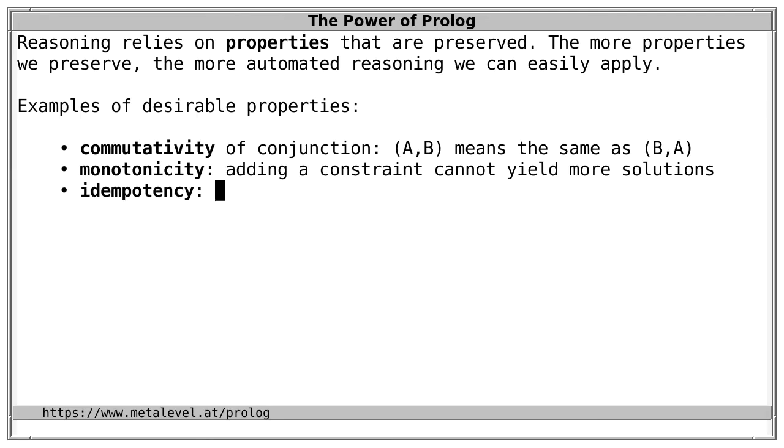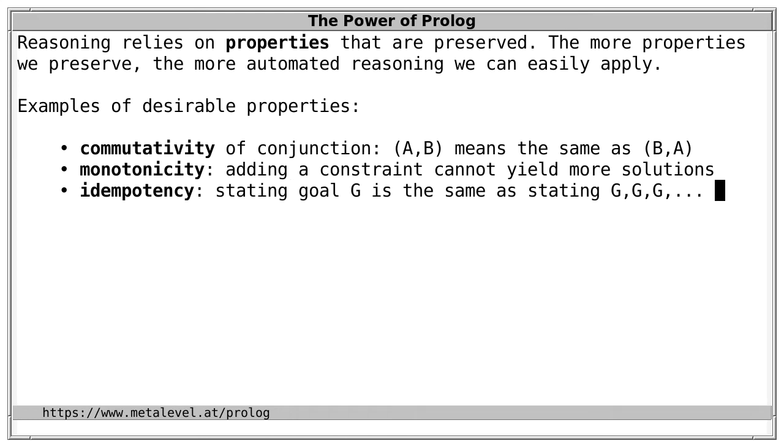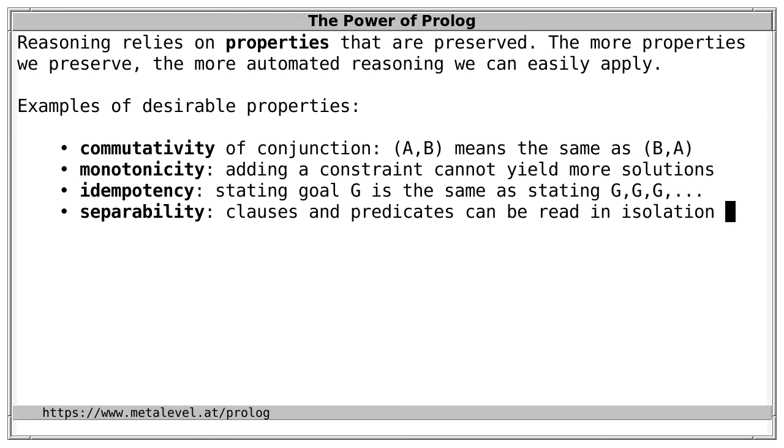Another desirable property is idempotency, which means that stating a goal G once means the same as stating it several times. So with this property, we can automatically eliminate duplicated or entailed goals. Another property could be called separability. Maybe there's a better name for this, but what I mean is that clauses and predicates can be read and reasoned about in isolation.